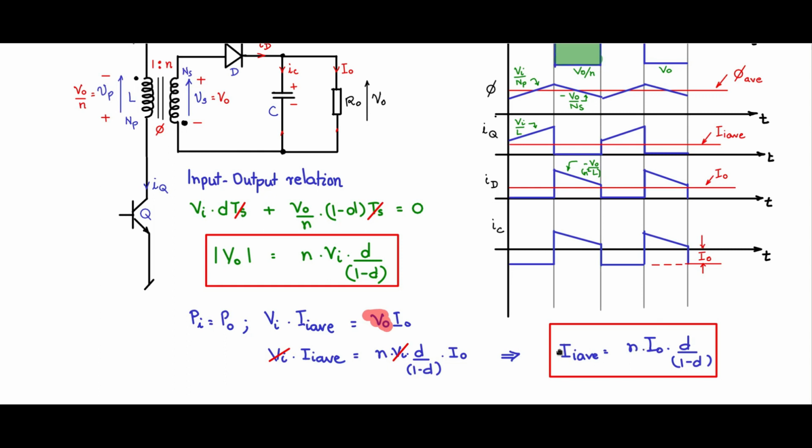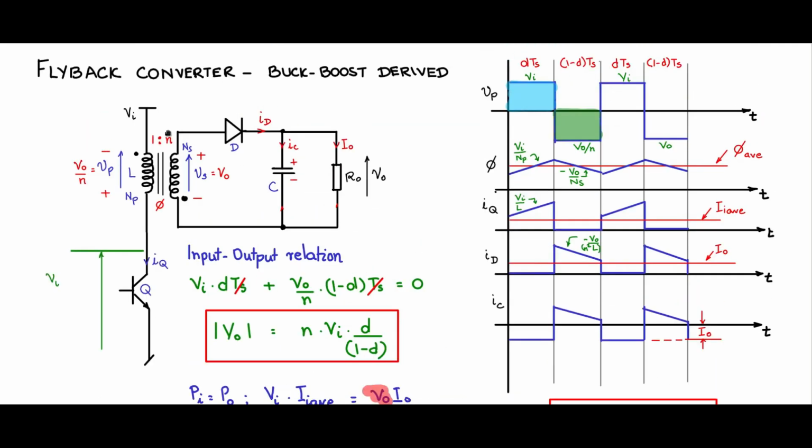When the transistor Q is off, as we saw when the diode D was off, the peak inverse voltage that it needs to support was N times Vi plus V naught. And for the transistor, when it is off, it has to support a voltage of Vi, the supply voltage coming across it, plus also the reflected voltage from the secondary.